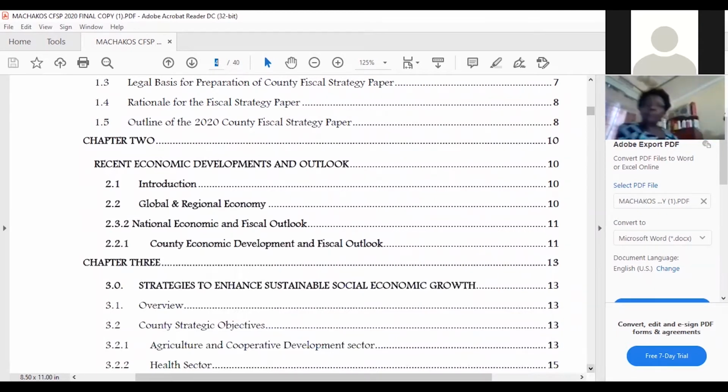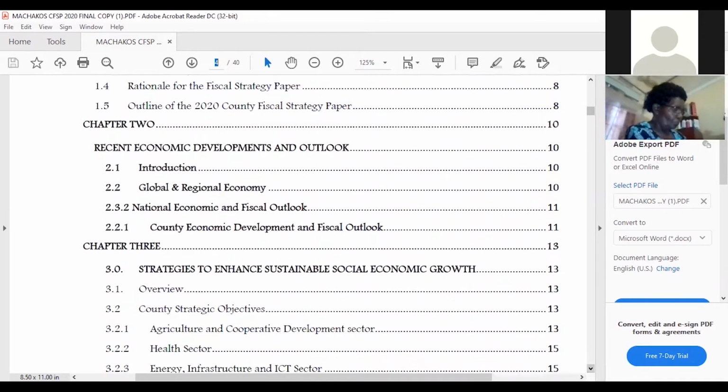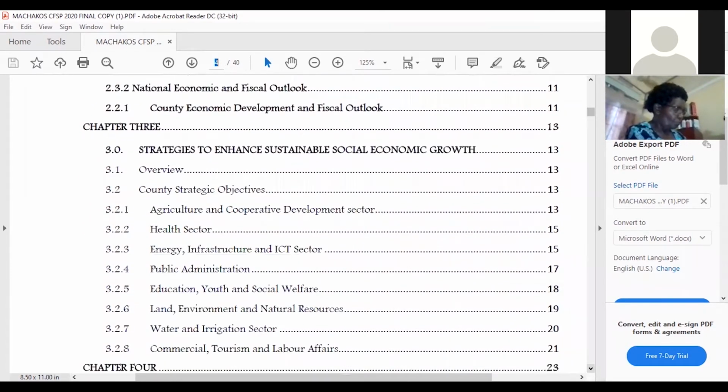And then chapter 2 looks at the recent economic developments and outlook. So it looks at both global, regional, and national, and then it also comes down to county. And then chapter 3 looks at strategies to enhance sustainable social economic growth.